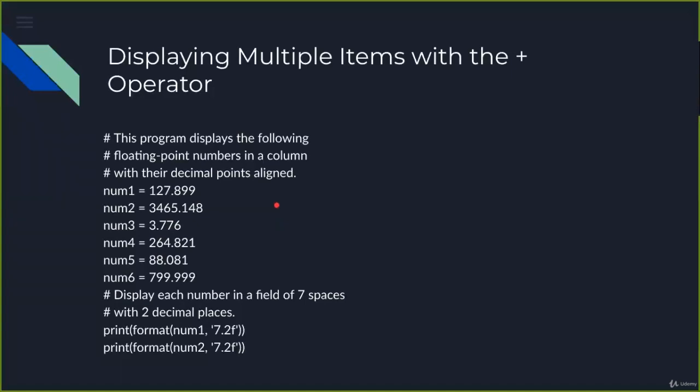I would like all of you to try to create these 6 variables first. Num1 is equal to 127.899, num2, num3, num4, num5, and num6 on your computers respectively, and let me know when you're done.